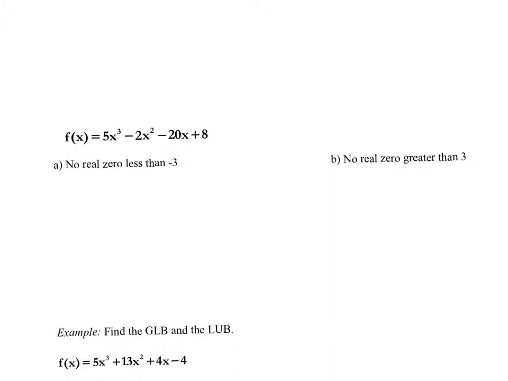In this first example, I'm being asked to prove that there is no real zero less than -3. Less than and a negative c-value means I'm looking for a lower bound. And when I'm looking for a lower bound, I want alternating signs. So what I'm going to do is do my synthetic division with -3 on the outside.